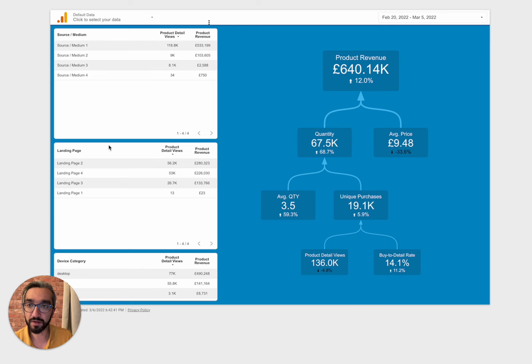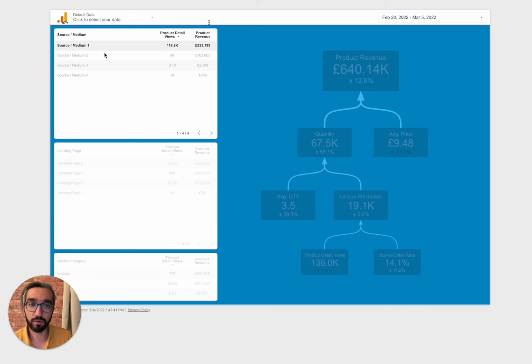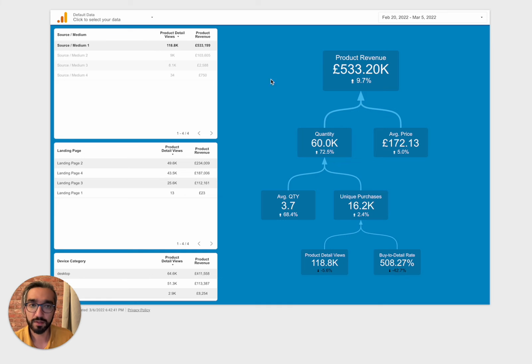For example, these are the source mediums. We can filter by any source medium. For example, if you look at source medium 1, this is the product revenue that comes from source medium 1.